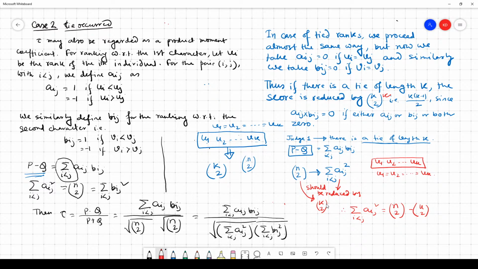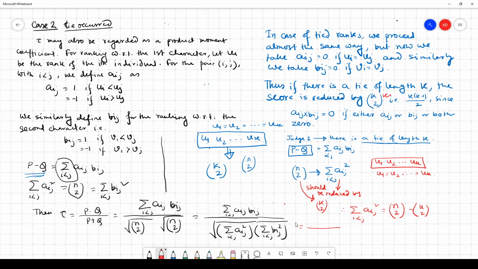And if a tie of length k occurs in judge 2, then the summation i less than j bij square should be nC2 minus kC2.